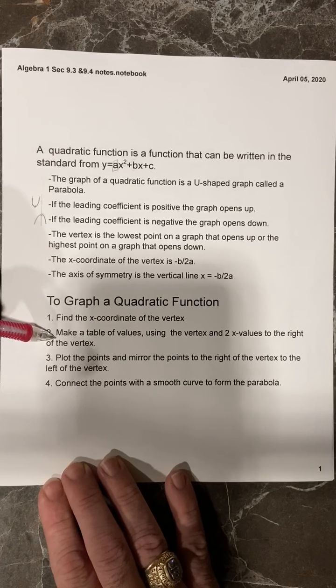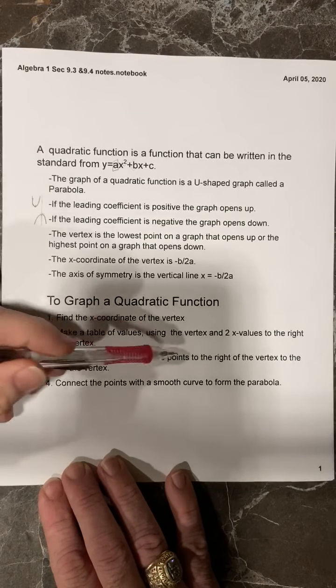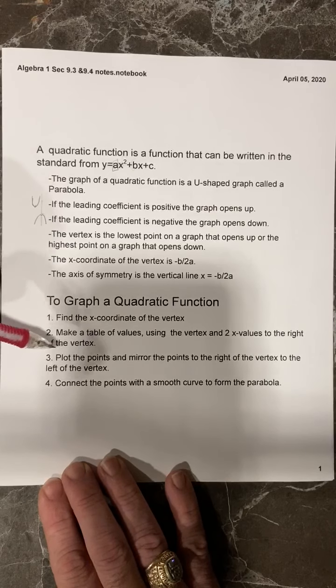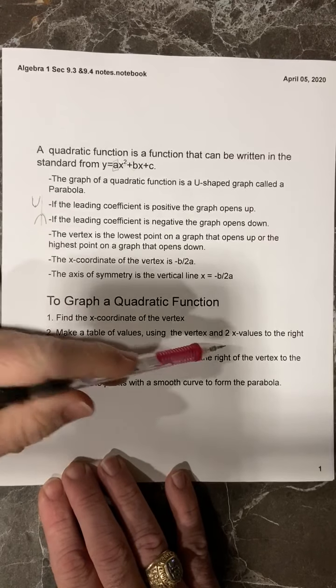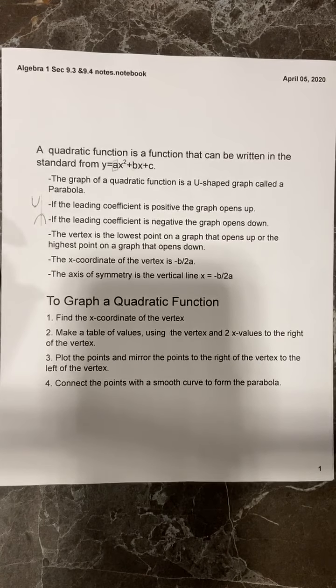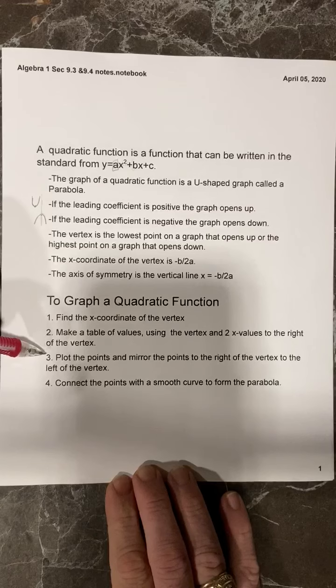We're going to then make a table of values using the vertex and 2 x values to the right of the vertex. We might need 2 values to the right will give us a basic idea of the graph, but sometimes it might be useful to go ahead and do 3 just to get a little bit better idea of how that graph is going to expand.